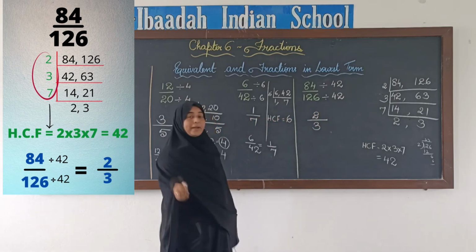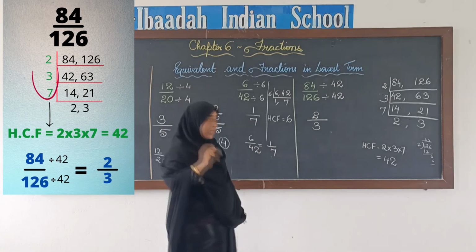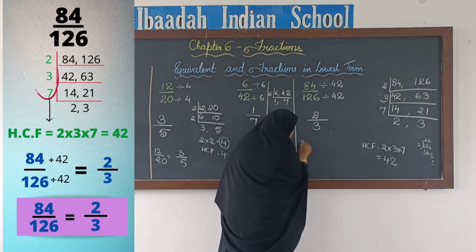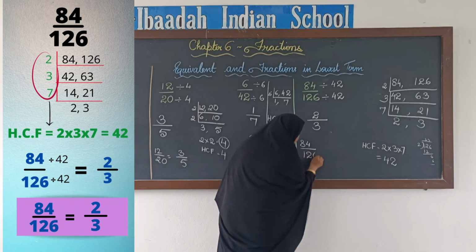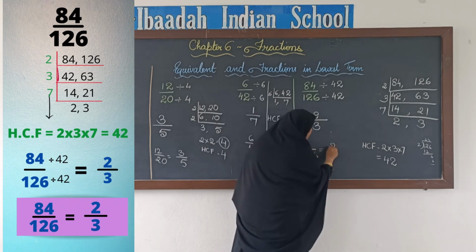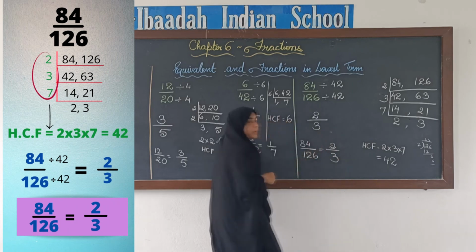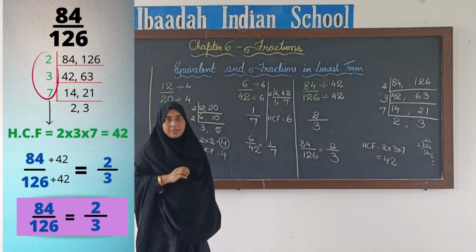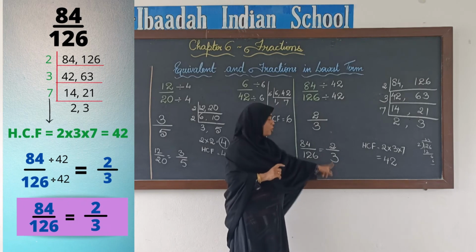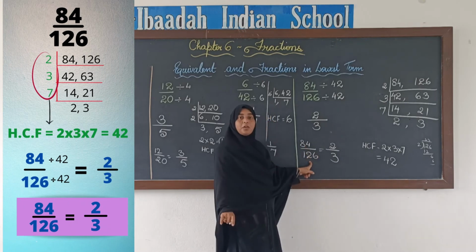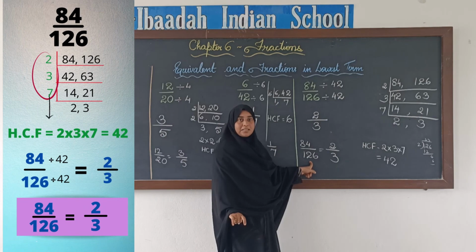Okay. So, 2 by 3 is equivalent fraction of 84 upon 126. These two are equal to each other. They are the equivalent fractions. Okay. And 2 by 3 is the simplest form of 84 by 126. Is it clear?